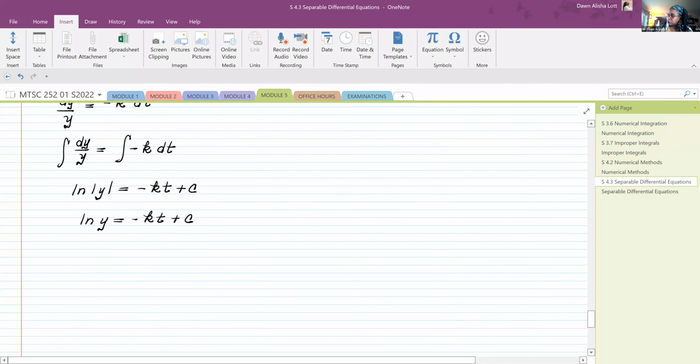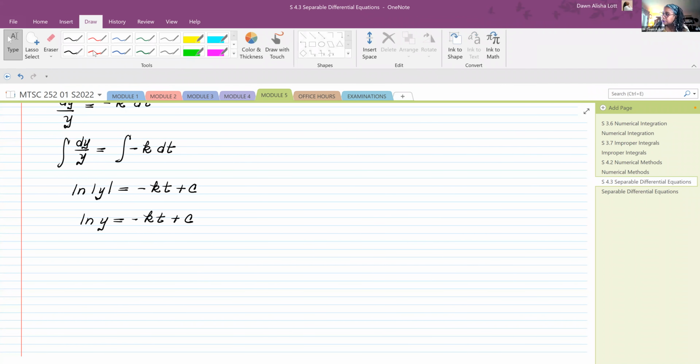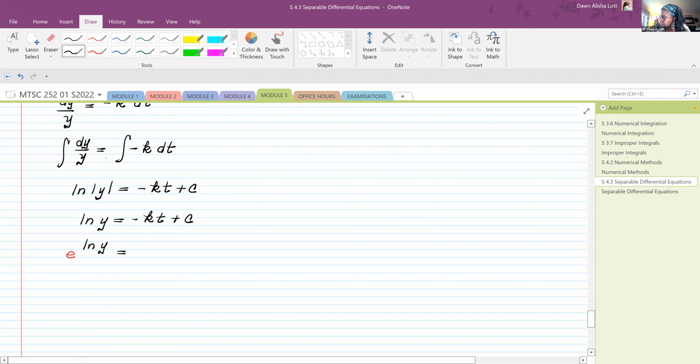Okay, so when I do e to that, so I do e to the natural log of y, I get e to the negative kt plus a constant.